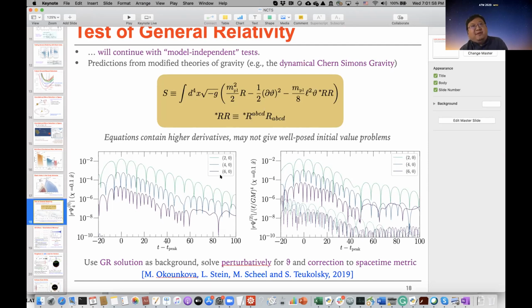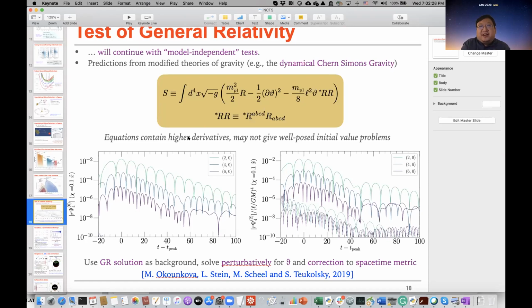Certainly you might debate what is the scale at which they would appear. It's not clear, but on the other hand, these are terms you can add into the action anyway, and then you can predict what their consequences are, and systematically search for deviations from the Einstein-Hilbert action. One example is the so-called Chern-Simons gravity, which I have listed here.